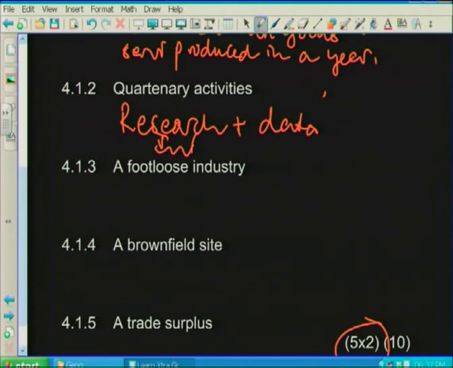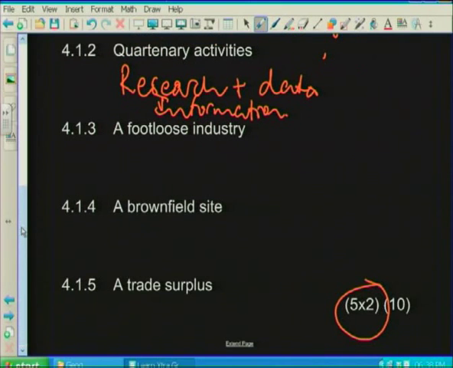So I'm just putting keywords now here, but you need to, in the exam, write coherent, nicely structured sentences to get these 2 marks. A footloose industry, remember the definition I've just shown you previously in your notes, is an industry that can be located virtually anywhere. It's not bound by its resource or its material or its labor force. It can be basically anywhere, located in any vicinity or area.